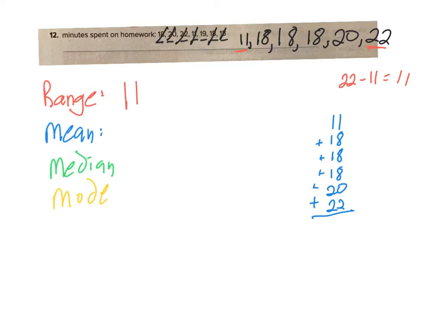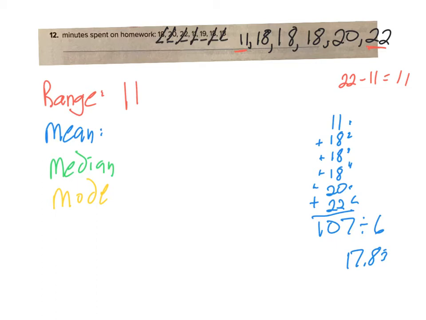And I get 107. Now, I need to divide it by the number of numbers. So I have 1, 2, 3, 4, 5, 6 numbers. So I divide 107 divided by 6, and it gets me 17.83, and on and on.